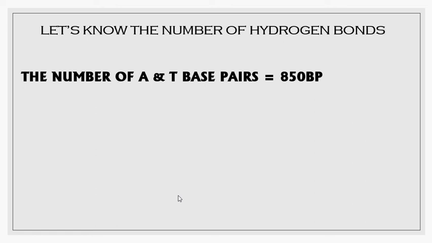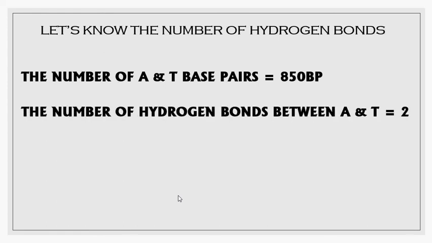The number of adenine and thymine base pairs in B-DNA with 1000 base pairs is equal to 850 base pairs. The number of hydrogen bonds in an adenine and thymine base pair is equal to 2 hydrogen bonds.